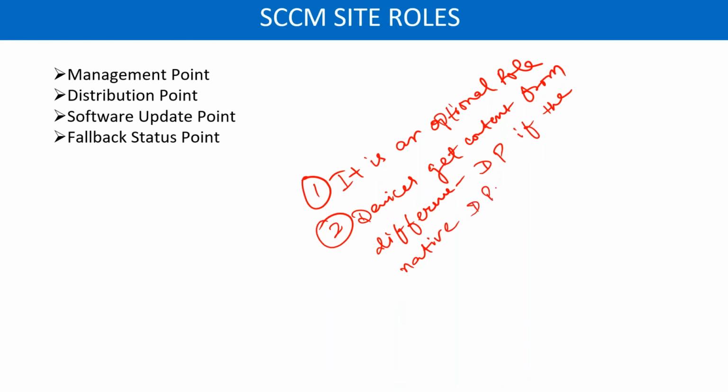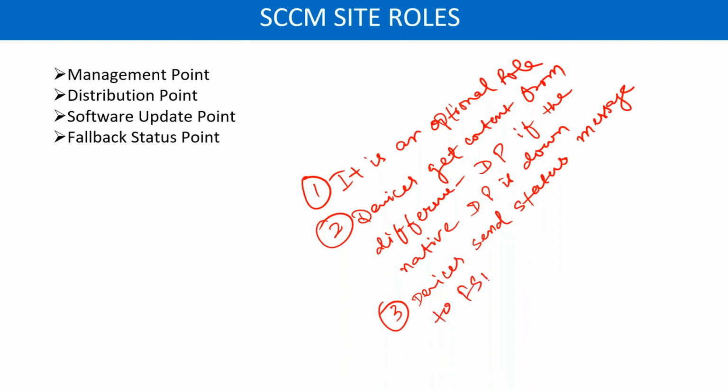Okay. Third point is devices send a status message to the fallback status point if the management point is down.